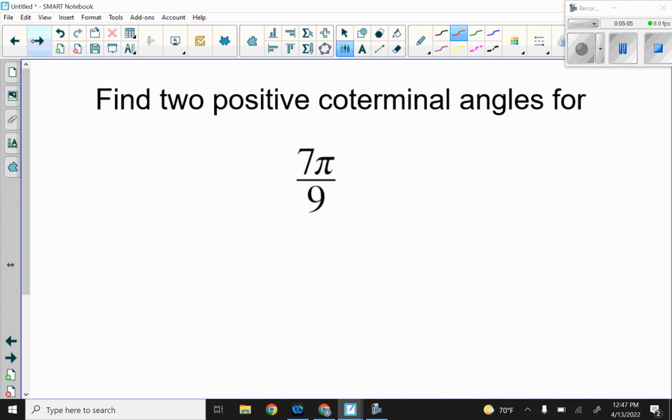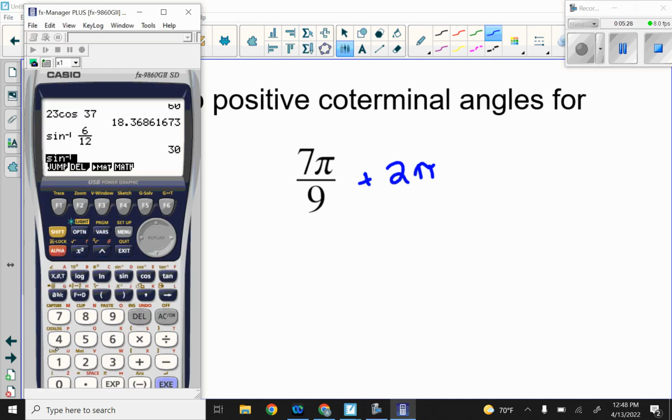Find two positive coterminal angles. If we want to find a coterminal angle, we add 2 pi. Now you could convert to degrees and then convert back to radians, or you could just add 7/9 and 2.